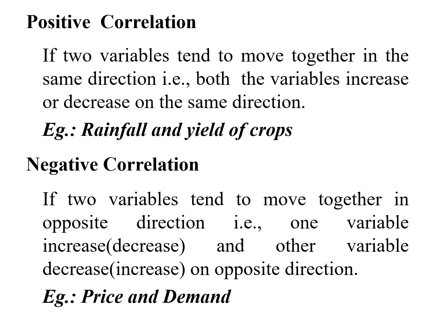Next one, negative correlation. If two variables tend to move together in the opposite direction, that is, one variable increases or decreases and the other variable decreases or increases, that is negative correlation. In positive correlation, both variables move in the same direction; here they move in the opposite direction.